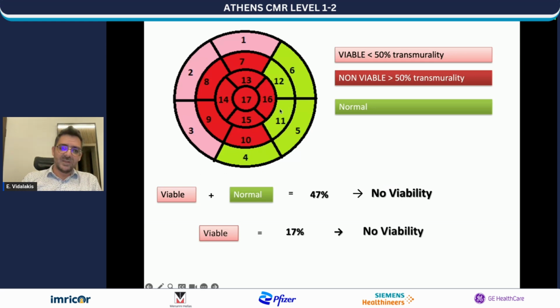If we calculate the bullseye of viability, the viable and normal myocardium is about 47%, and we need more than 70% to talk about viability, and the viable myocardium is only 17%. So this patient has no viable myocardium. There is no point to open the vessel.